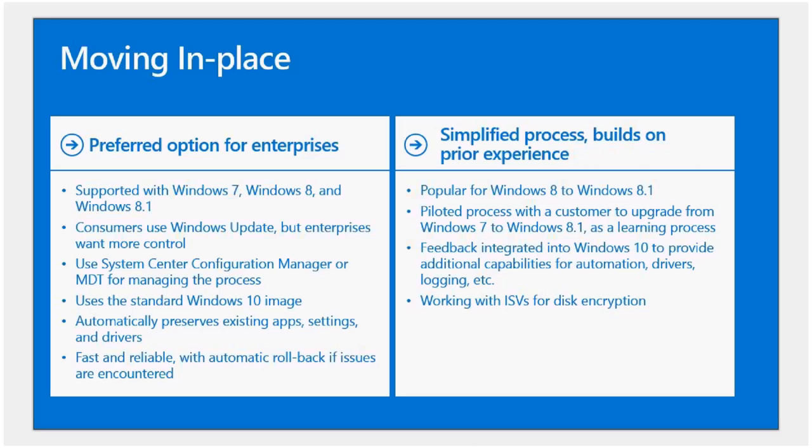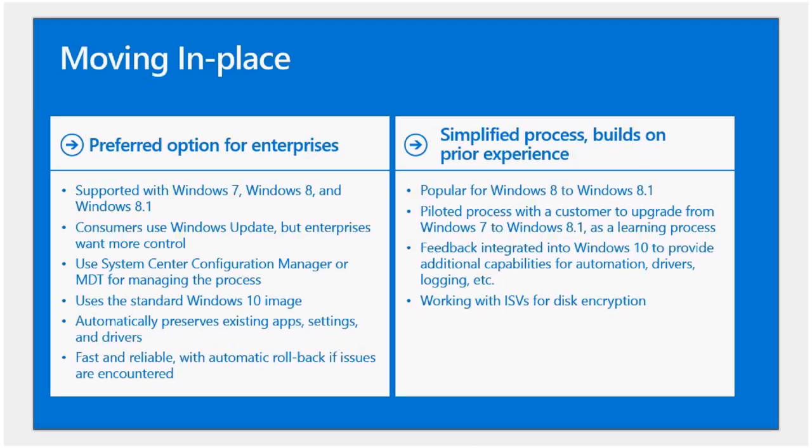This is the same basic process that we used to go from Windows 8 to Windows 8.1. We've also tried this with some customers going from Windows 7 to 8.1 just to learn what additional improvements are needed in the upgrade tools. And we've added those enhancements in Windows 10 to make it better than what we had provided in the past.